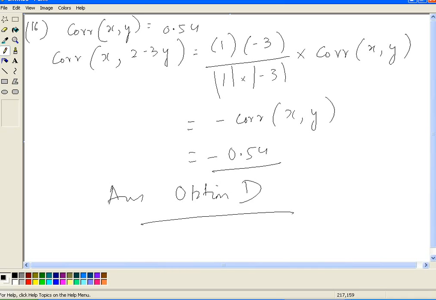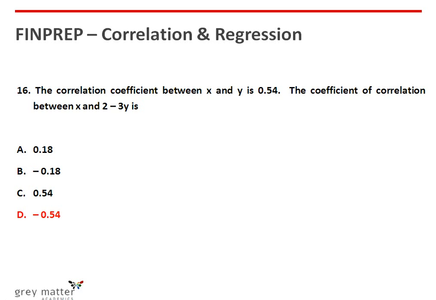Now correlation of x comma 2 minus 3y will be, as per definition, the coefficient of x is 1 and the coefficient of y here is minus 3, divided by mod of 1 into mod of minus 3, into correlation of x comma y, which is equal to minus of correlation of x comma y, which is minus 0.54. So the answer is option D. Going to our PowerPoint presentation, it is option D, which says it is minus 0.54.